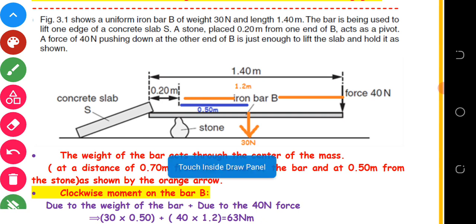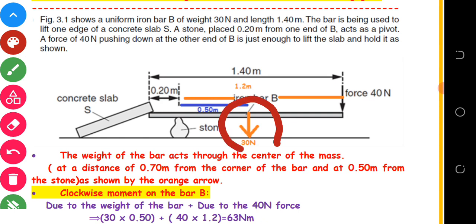Now when we talk about center of mass, it's important in identifying the particular point on an object where its weight acts. So the center of mass is the point on an object where its entire weight is concentrated, or where its entire weight acts. Then when you see the word uniform, it's usually uniform iron bar or uniform meter rule.